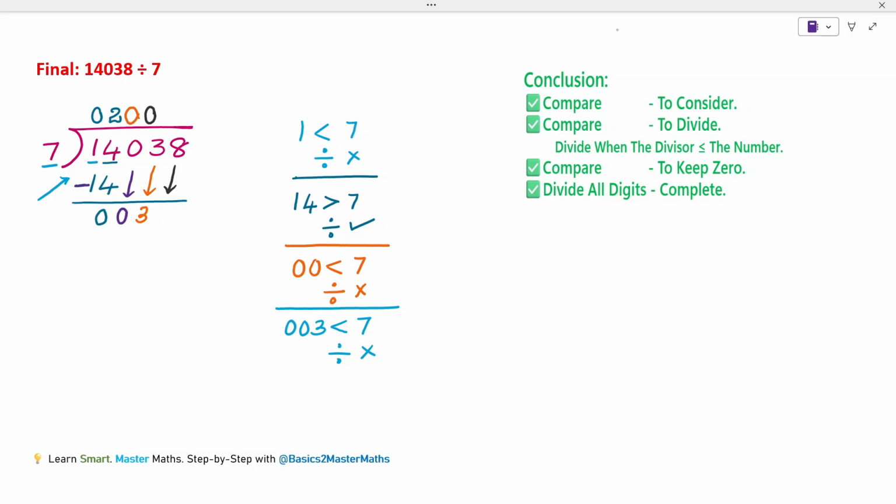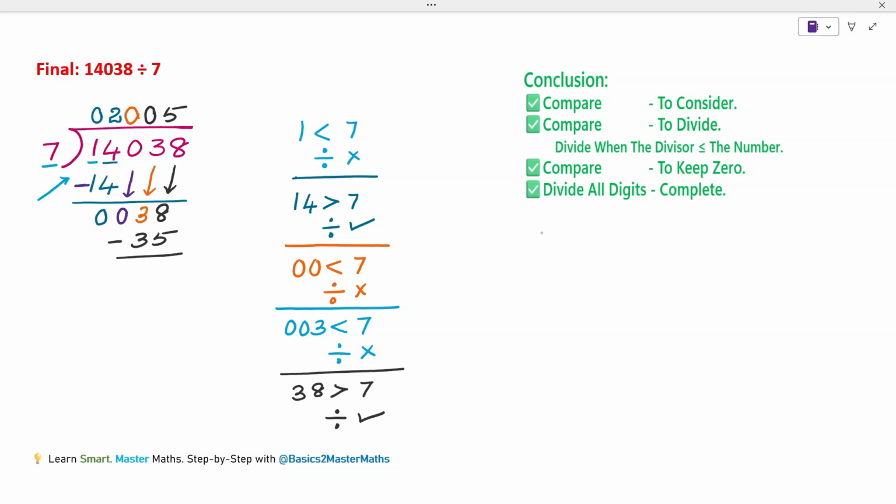So, bring 8 down here. Now, the number formed is 38, which is greater than the divisor 7. Hence, you can divide. So, 7 5s are 35.